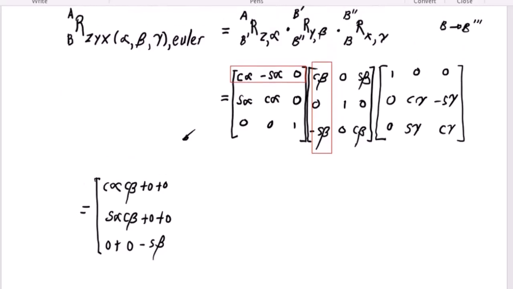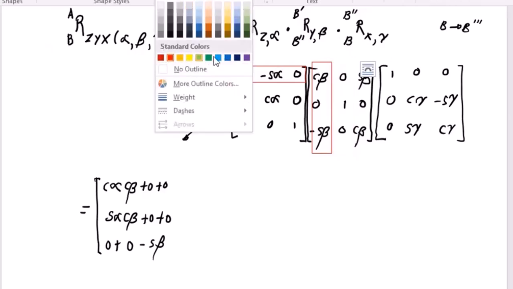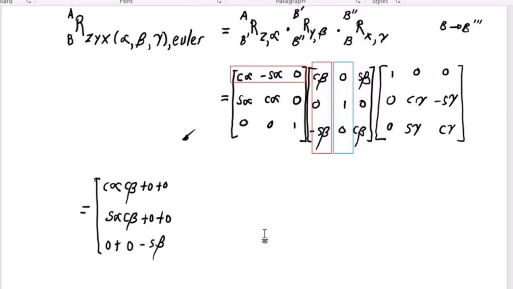Now go to the next. I will copy this. Now the same process. Multiply this to here, it will take the middle only because the rest will be 0.